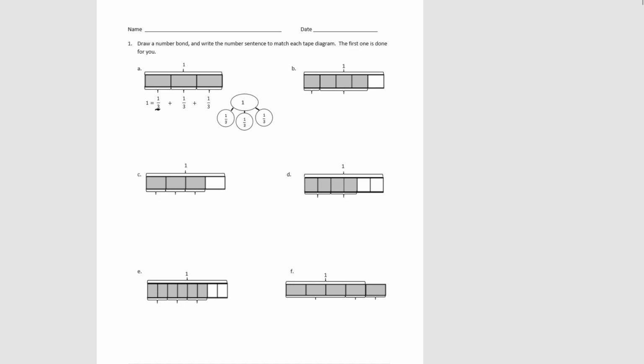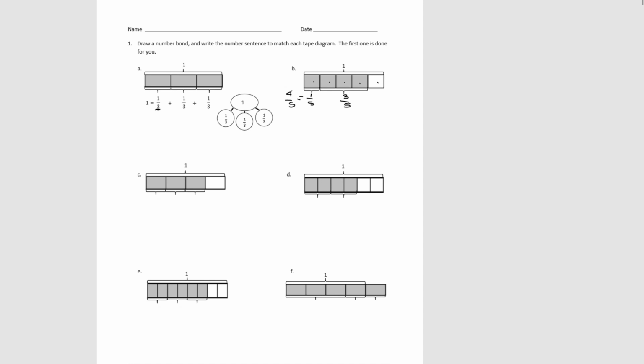This tape diagram shows us that 1 is divided into 5 equal sized pieces. So our unit fraction is 1/5. So here we have 1/5. And here we have 3/5. In total, we've shaded in 4/5.